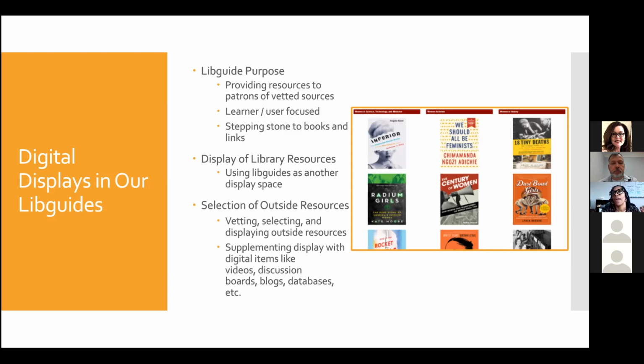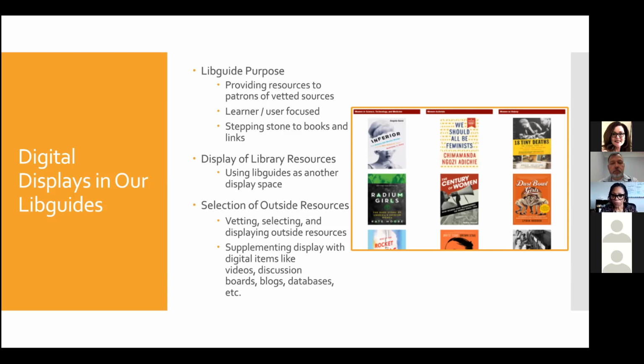So when you have a physical display in the building, then it really is just books available and perhaps some decor. Whereas your LibGuide offers you another digital display space that can give you links that are focused on your subject, but not necessarily a book or an ebook or a magazine.